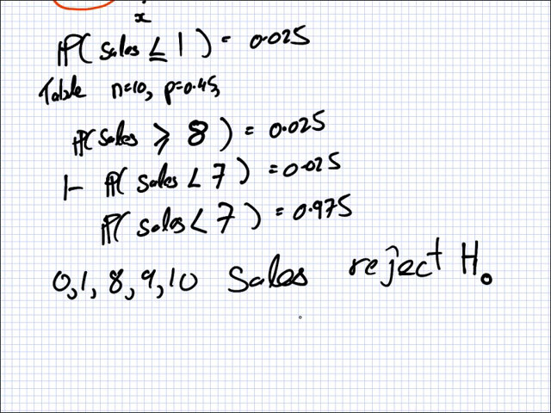When they went with less than, they would say that you would need to get 0 or 1 sales to reject. Is it because it's symmetrical? No, they did one tail in the marking scheme, but it was the same value on the left tail.